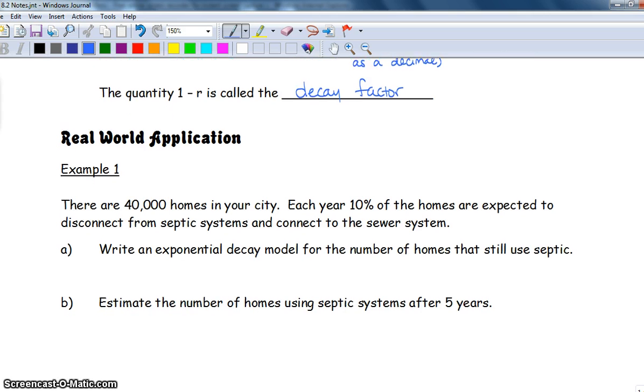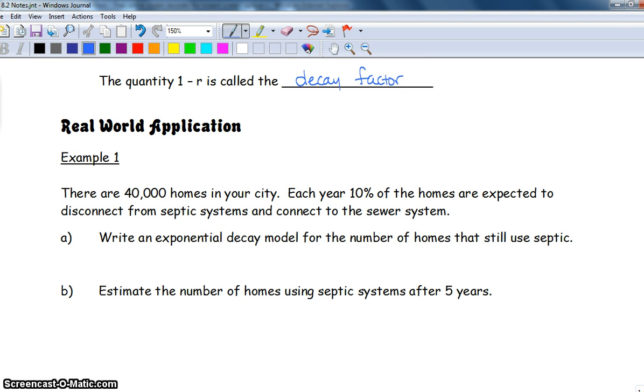Our first example is there are 40,000 homes in your city. Each year, 10% of the homes are expected to disconnect from the septic systems and connect to sewer systems. So we've got 40,000 homes. That's our initial amount. We've got 10%, and that's 0.10 as the decimal. We want to write an exponential decay model.